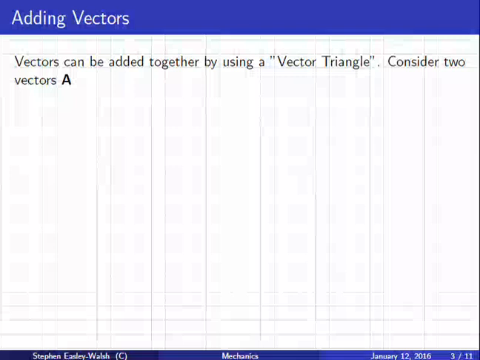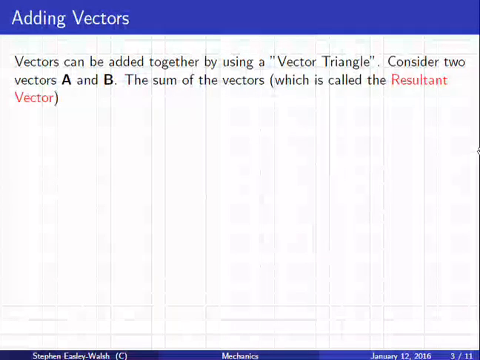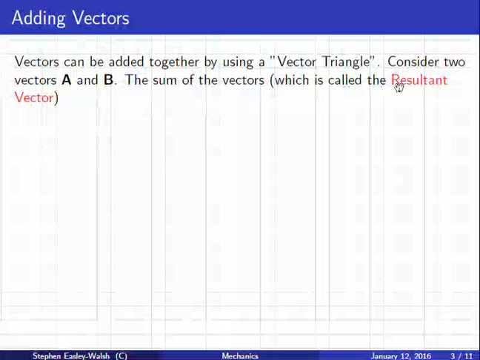So imagine you have two vectors, vector A and vector B. To add these vectors together, you get what's called the resultant vector, so you might want to write that down. That's what you call the vector when you add two together.